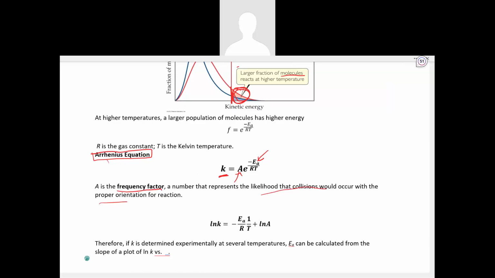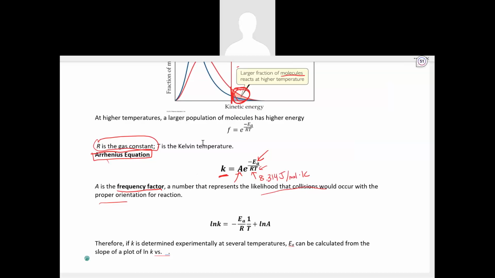So we need to always consider collisions with proper orientation and energy. And then we know R, the gas constant. This is now the value given in joules, so 8.314 joules per mole Kelvin, and then of course temperature in Kelvin here.